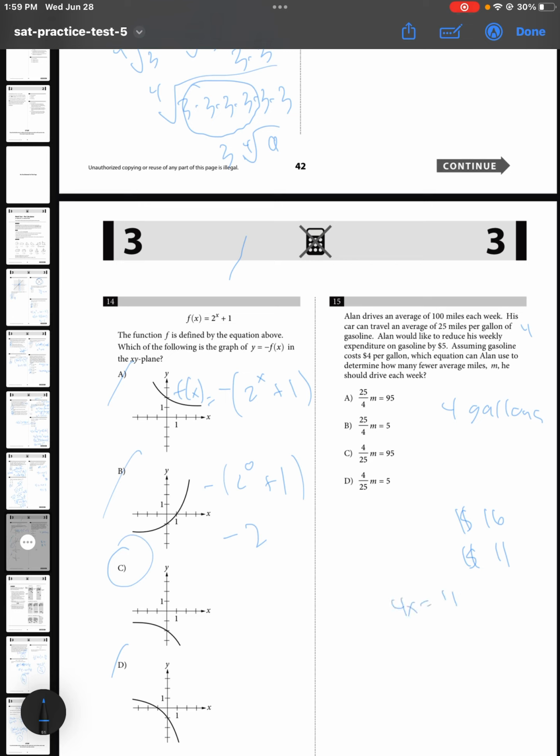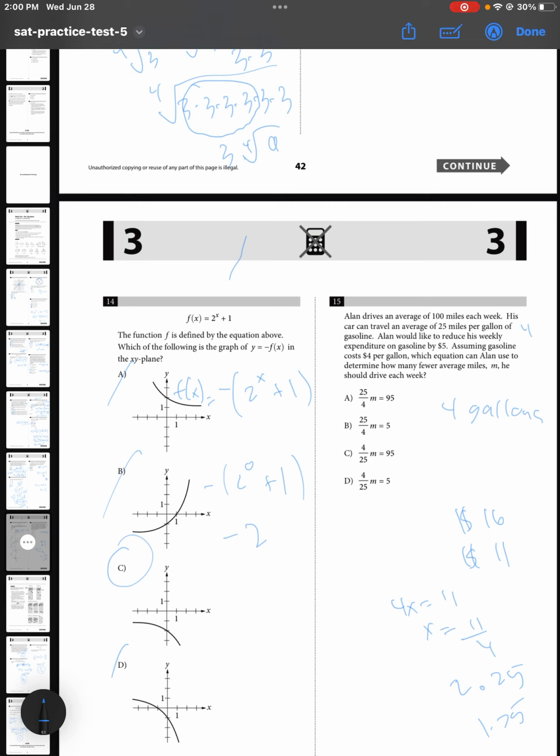So 4x equals 11. X equals 11 over 4. So that's how many gallons he would do. So 11 over 4 gallons is 2.25. So he needs to do 1.75 fewer gallons.